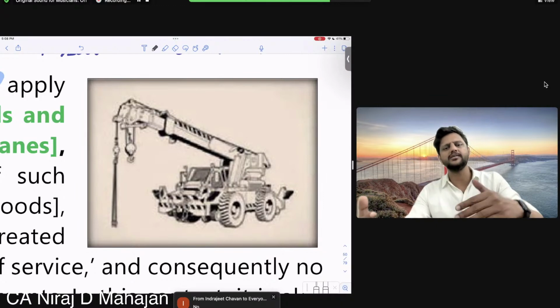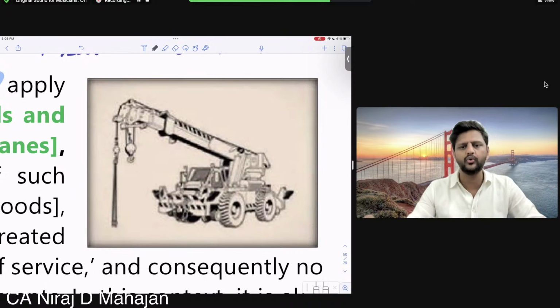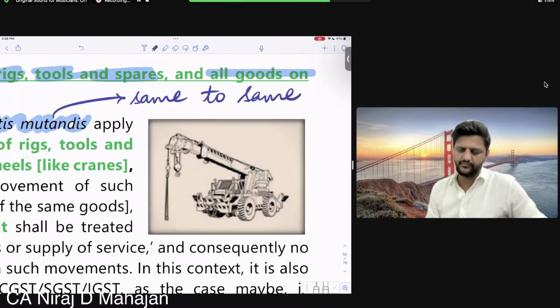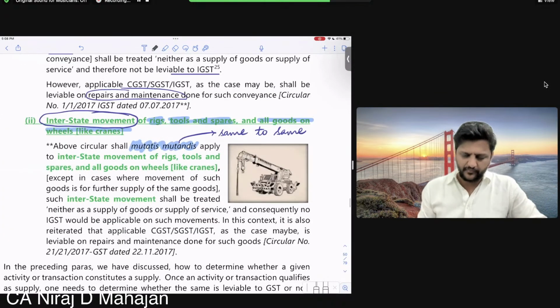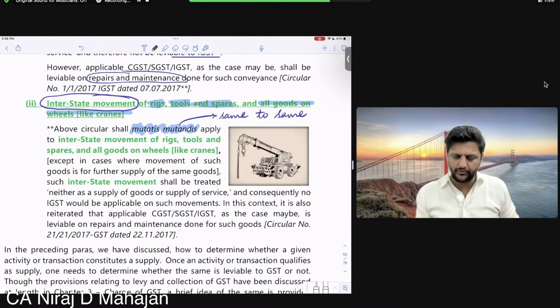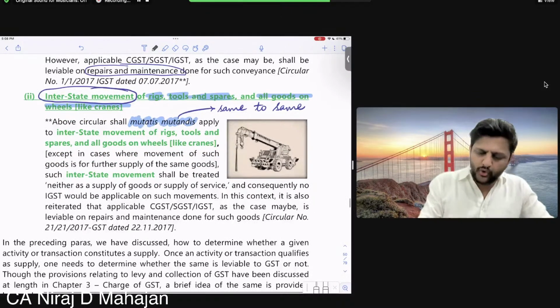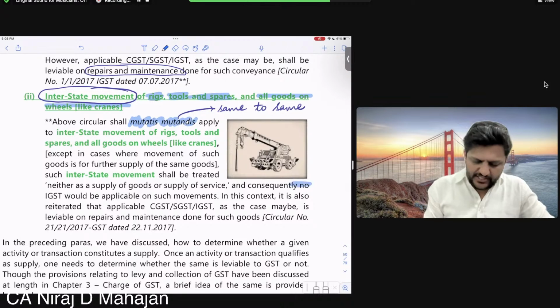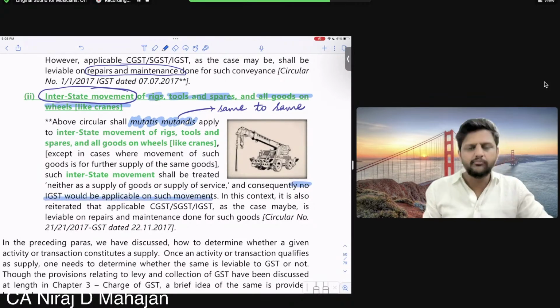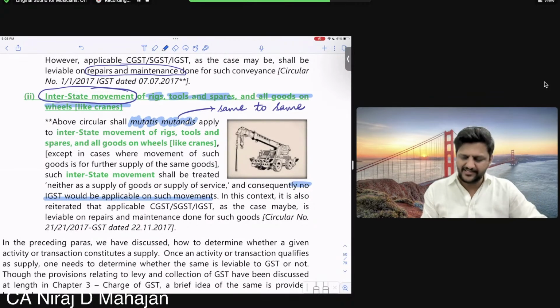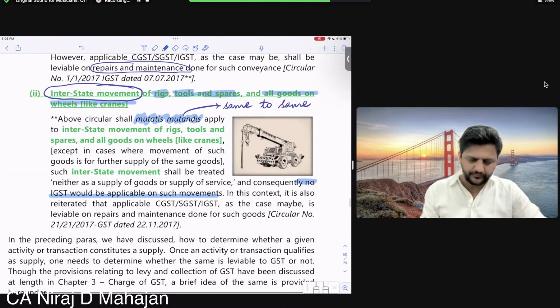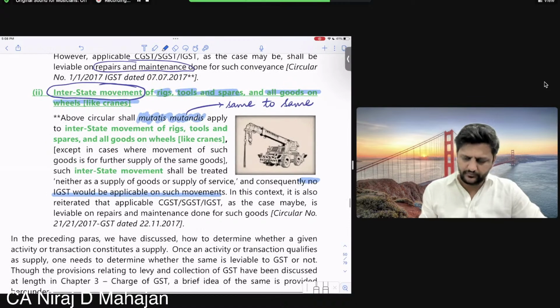Is it a supply or sale of these vehicles? No. Okay? So check. Understood, everybody? So no GST, no IGST will be leviable on such movements, neither goods nor services. Hai na? Done till here? All of you?